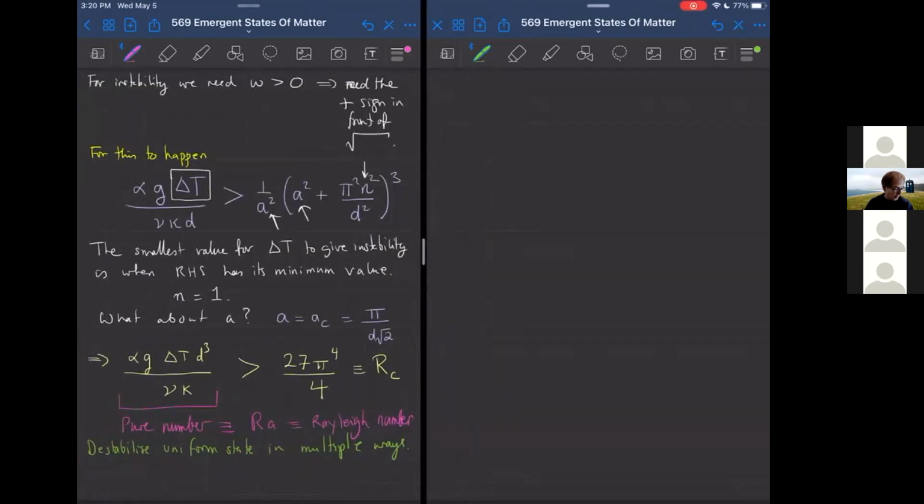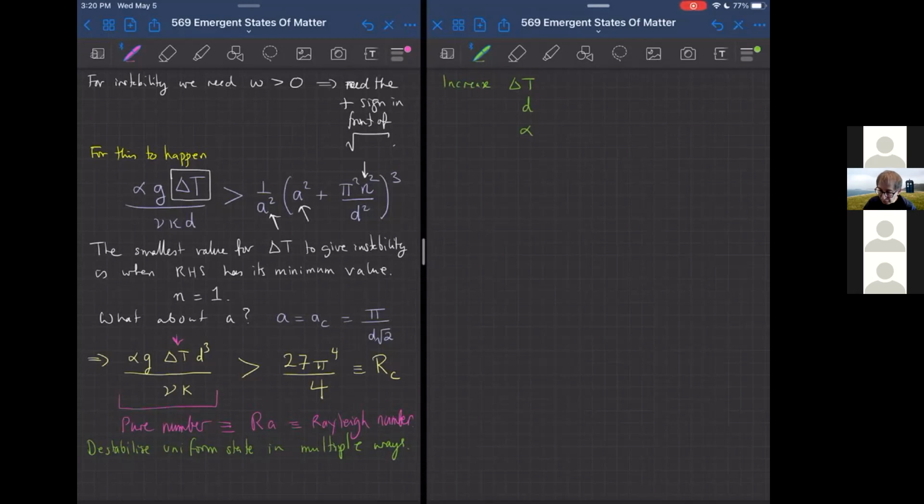So way number one is we can increase delta T, because over here on the right-hand side, that will increase this. I can increase D. I can increase alpha, the thermal expansion coefficient. All of those things will cause the left-hand side to increase and potentially go above this magical number of 27 pi to the 4th over 4.